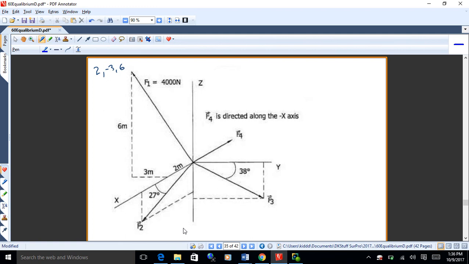Well, you have to multiply. So you want to find those three angles to get that unit vector.